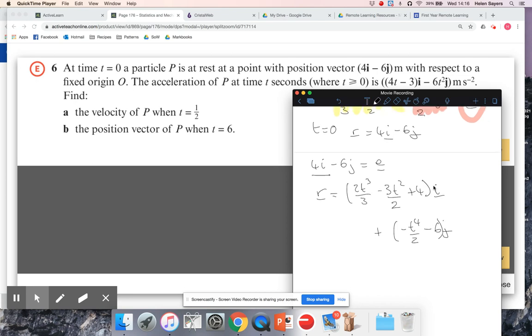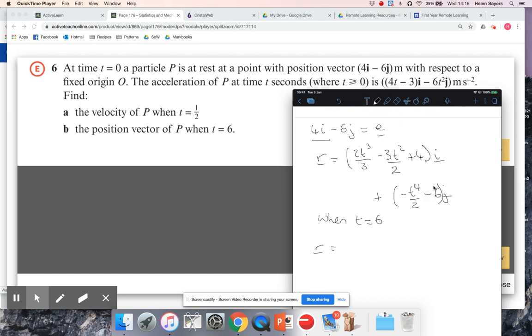So find the position when t is 6. Let's just check that. So when t is 6, what have I got? I've got 6 cubed times 2 over 3 minus 3 times 6 squared all over 2 plus 4. So I'm getting that to be 94i. I'm just subbing 6 into this.